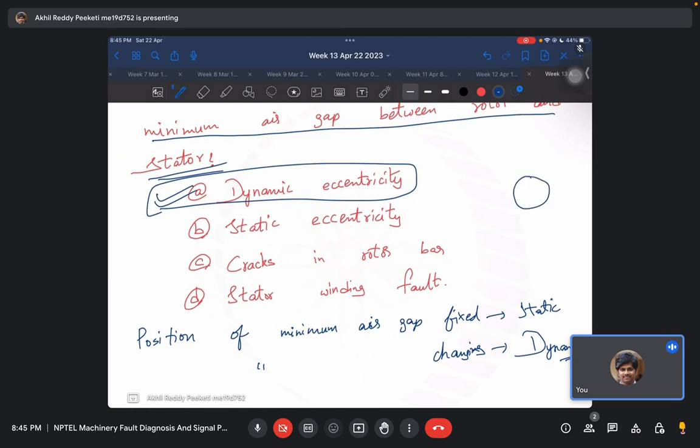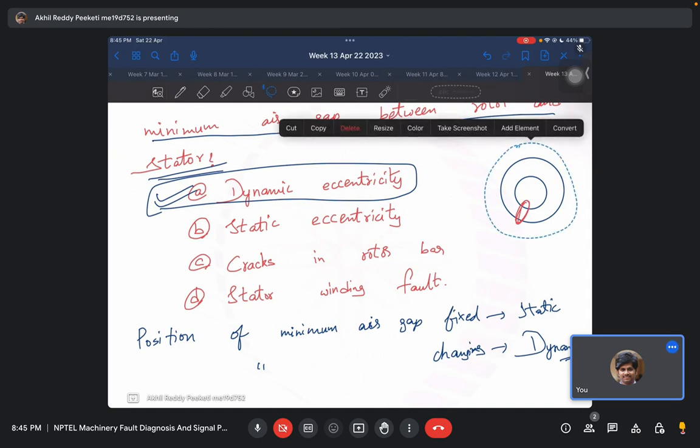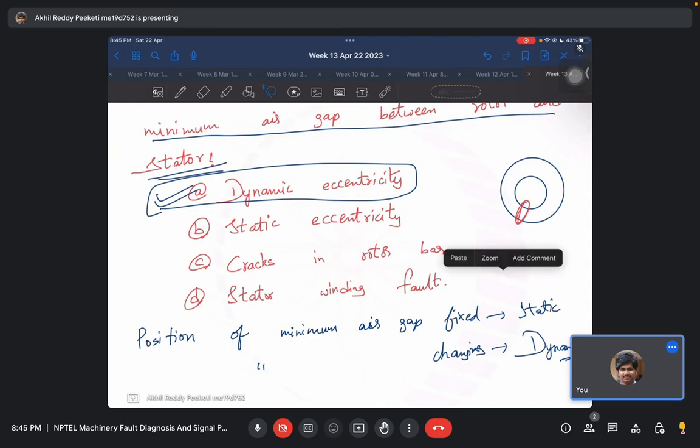So in case 1, to begin with, this is the location of the minimum air gap. If it actually changes during the operation, let's say from here to here, then this changing minimum air gap is the dynamic eccentricity.